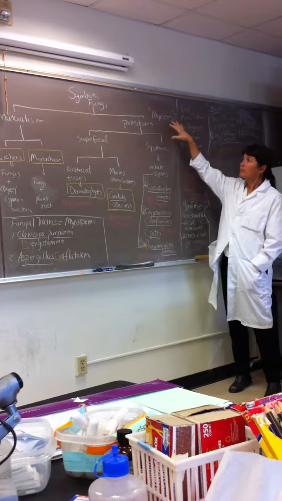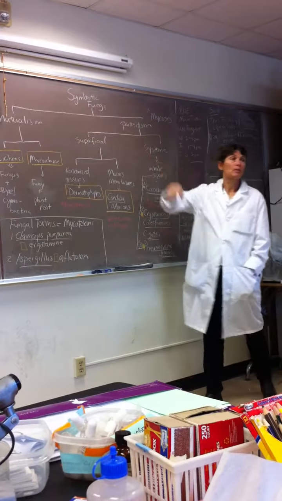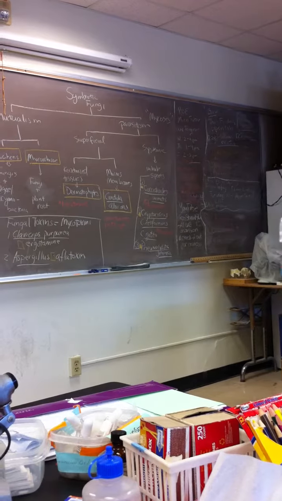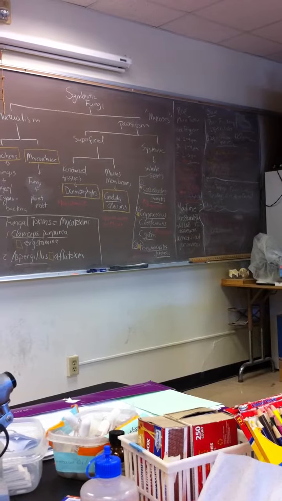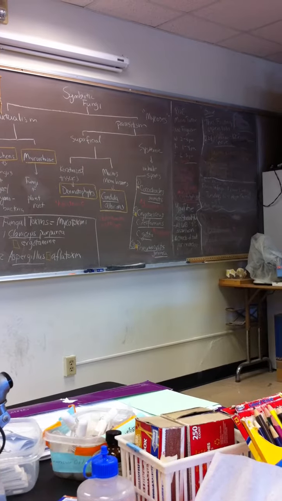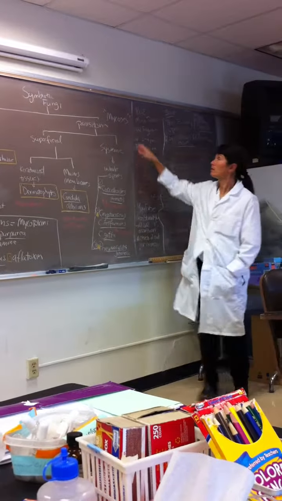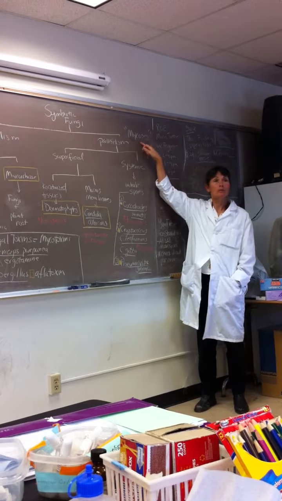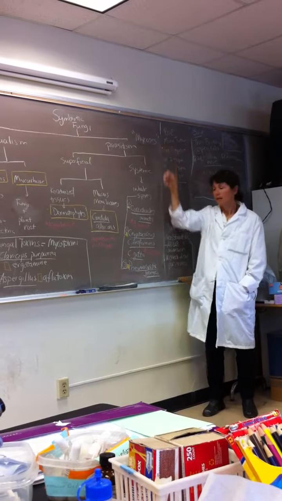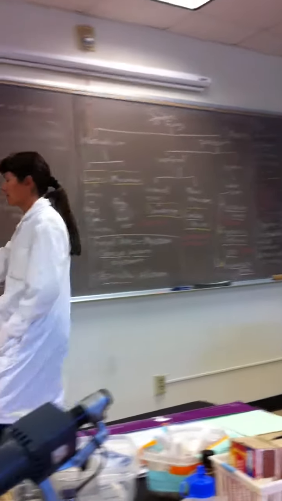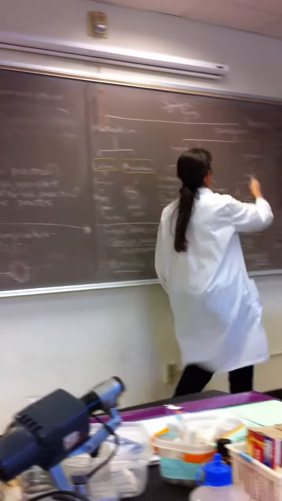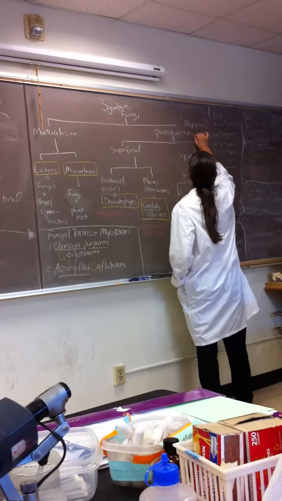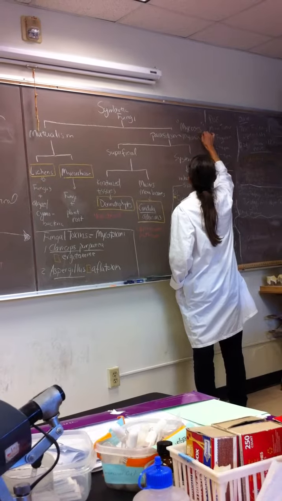So when we talk about these parasitic fungi, we're talking about fungi that cause harm to humans, to animals, to plants, for example. Fungal diseases have a fancy name. They're called mycoses. That's the plural form, or mycosis, with the is ending, is the singular form. So now we're going to talk about some fungal pathogens that cause mycoses, fungal diseases.